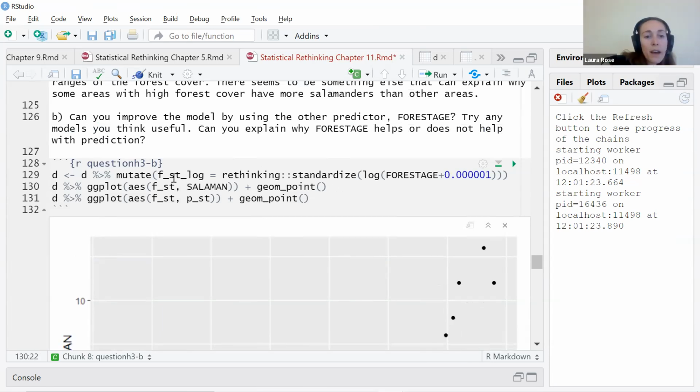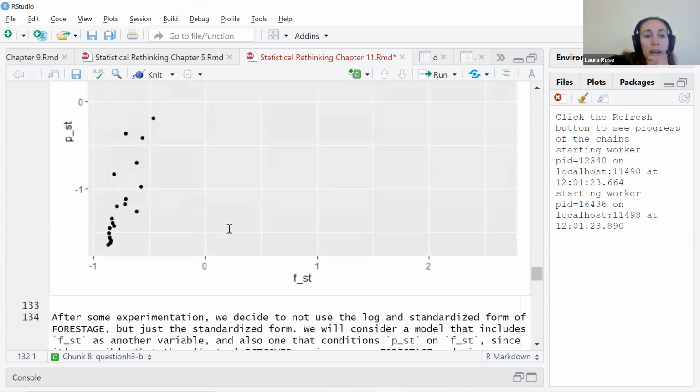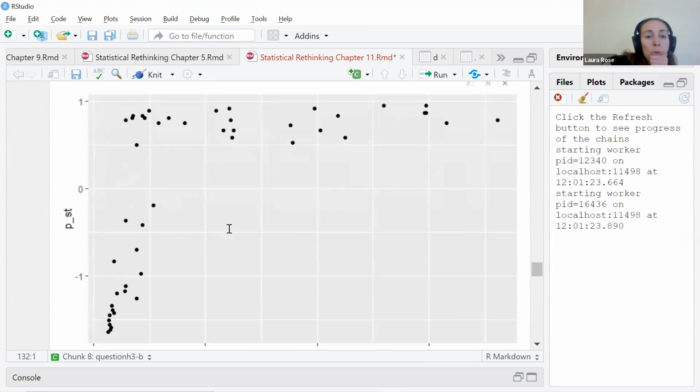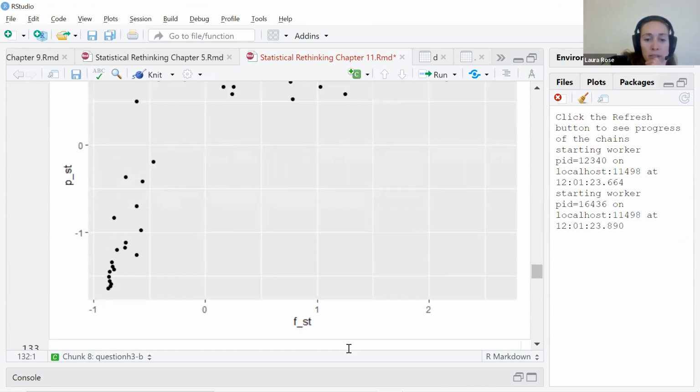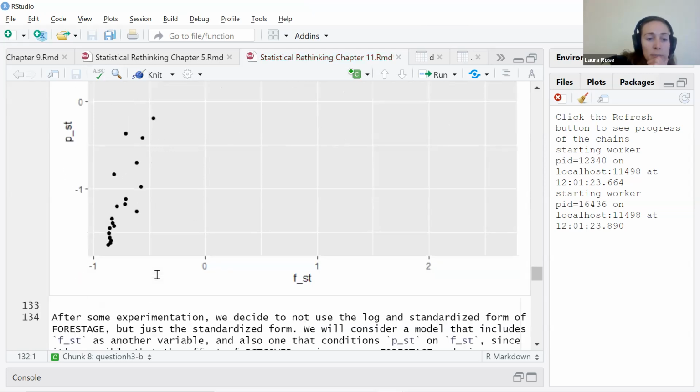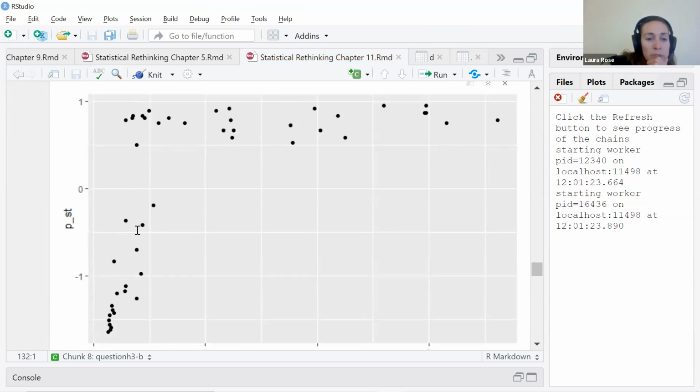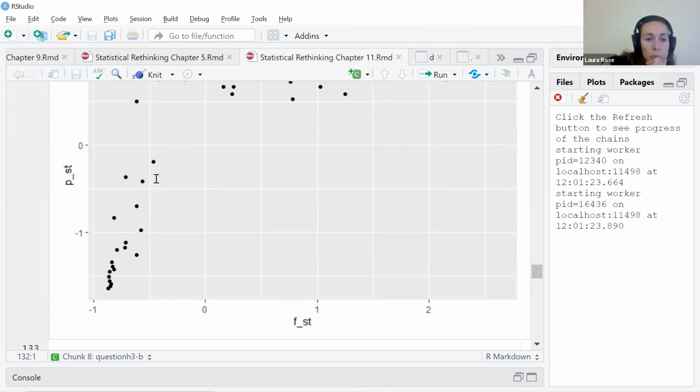And then I was curious to see any relationship between these two variables. So this is the standardized percent cover and the standardized forest stage. What's kind of interesting to me is that I see almost like two groups here.